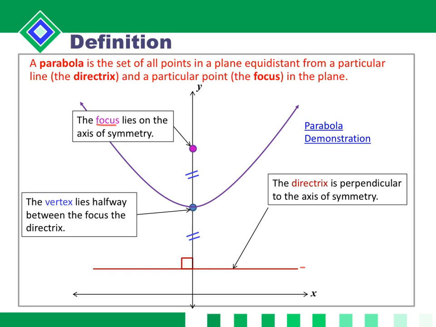From the definition, the parabola is the set of all points equidistant from a particular line called the directrix and a particular point called the focus. So we are talking about that distance.